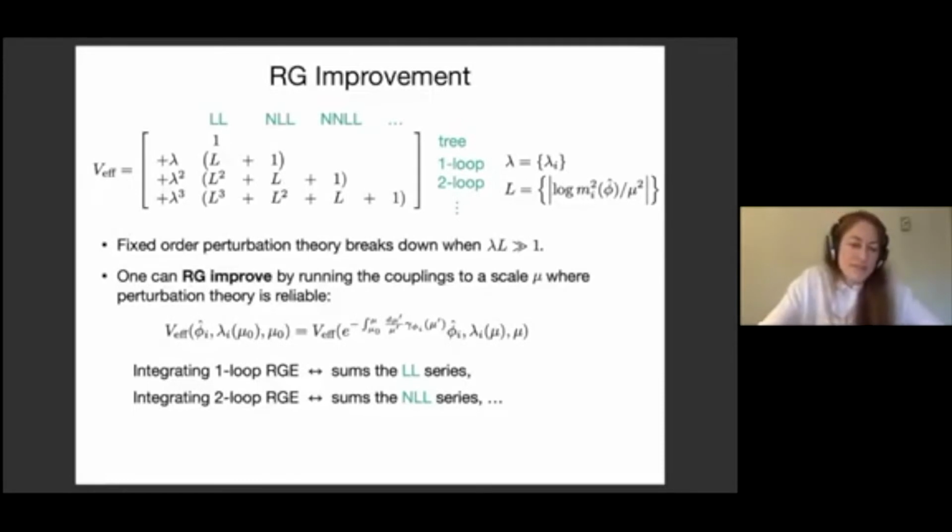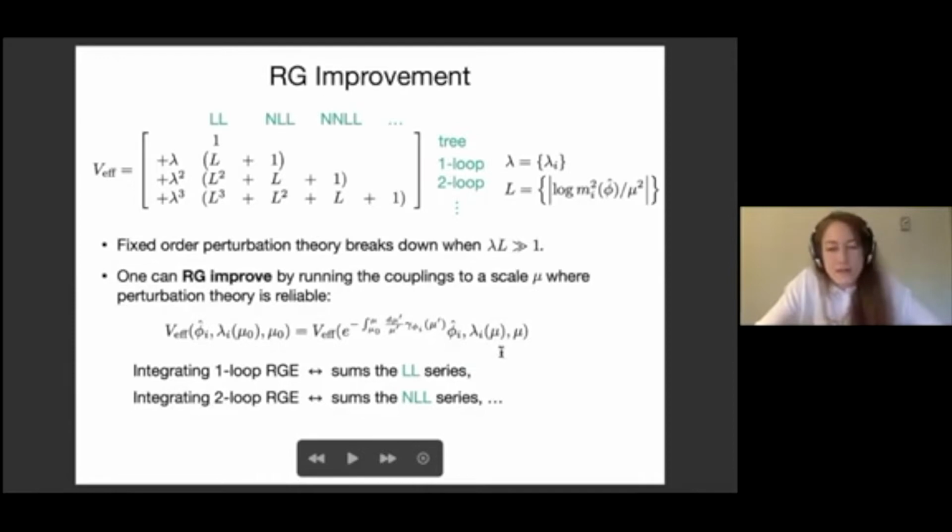So the effective potential is RG invariant, and this formula I wrote here is just saying that if I run the couplings in the theory with their beta functions and also this background field phi hat, it might have an anomalous dimension, so I should take that into account. Then the result shouldn't depend on which mu I study the theory at.